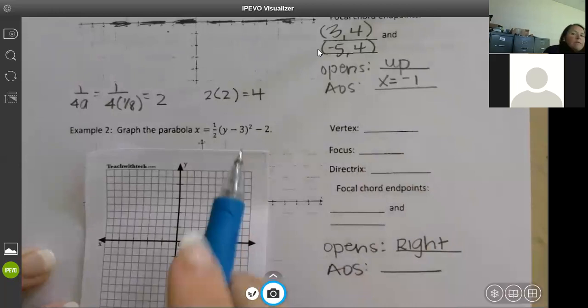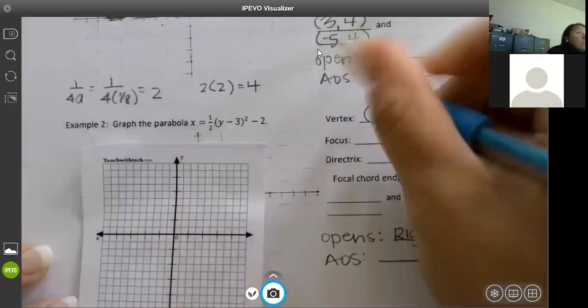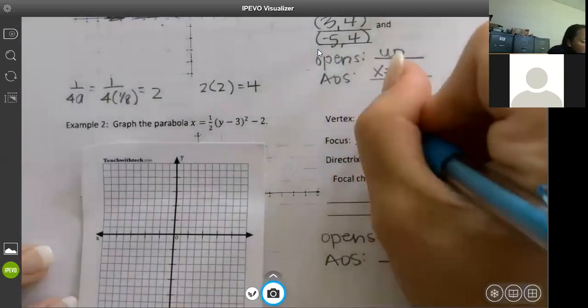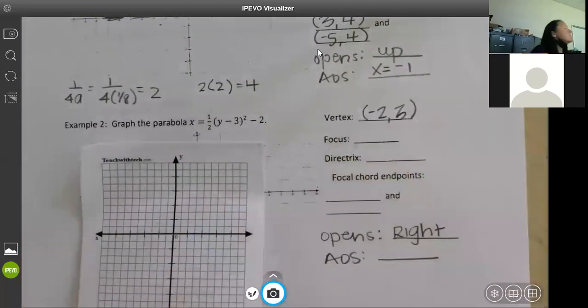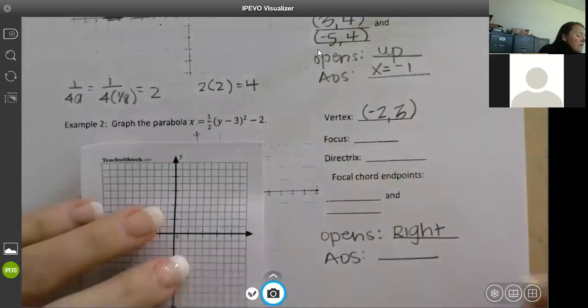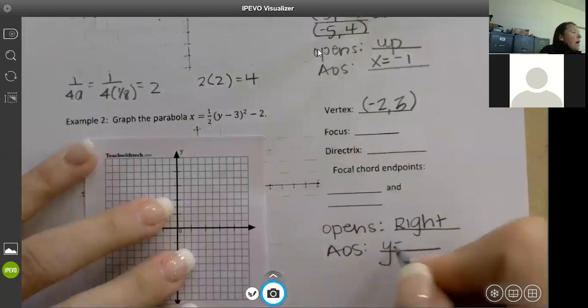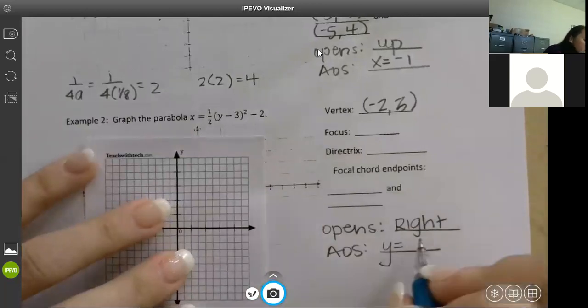What's your vertex on this one? Be careful. Yes. So remember, y has to be the y coordinate. So you kind of read them backwards. So -2, 3. So what's your axis of symmetry? If your equation is x equals, your axis of symmetry is going to be y equals. And what is your y coordinate of the vertex? 3.